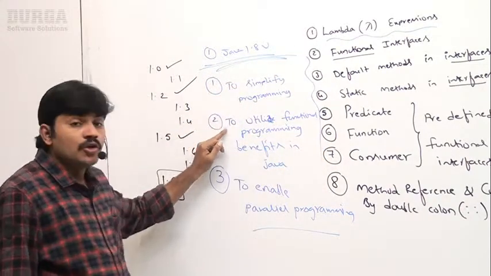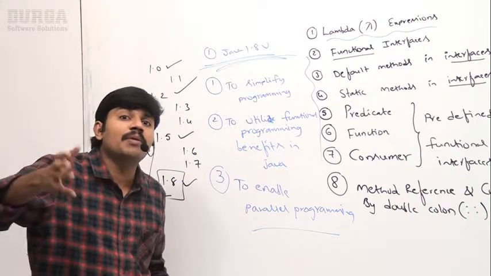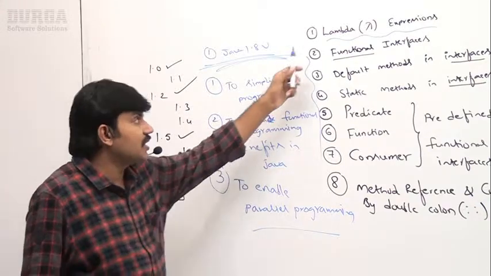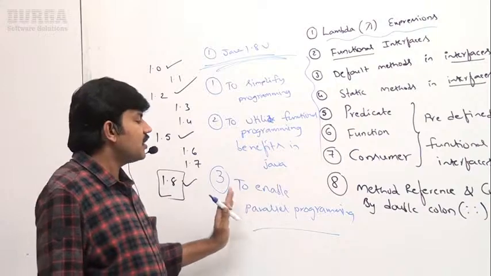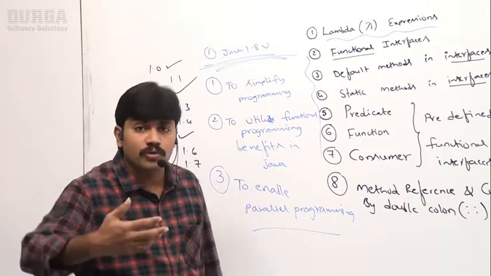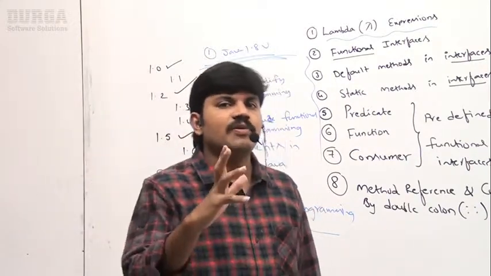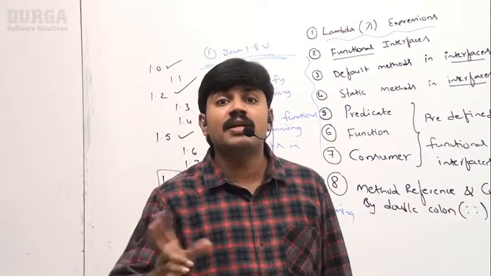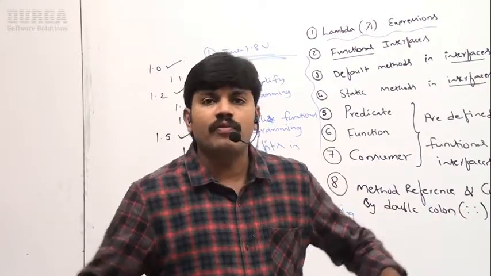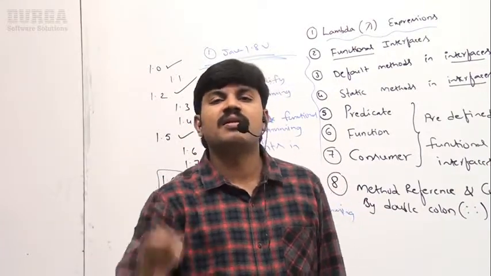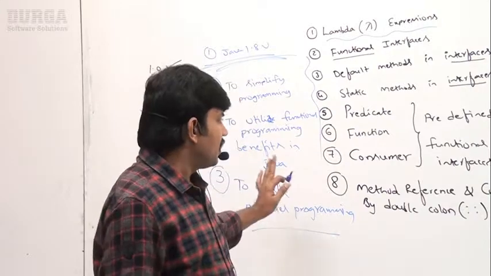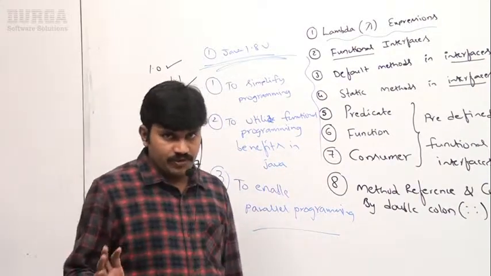Next, to utilize functional programming benefits in Java by using lambda expressions and so on. Next, to enable parallel processing so that my Java program can run on multi-core processors and overall performance by default is going to improve. These are the main important priorities of the Java 1.8 version.